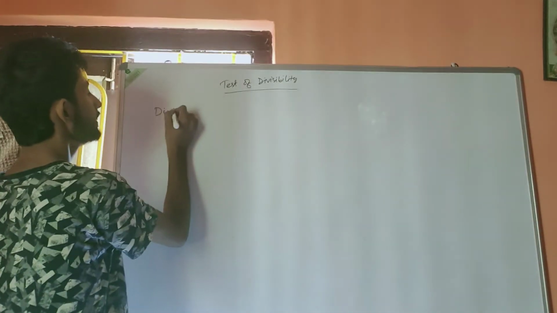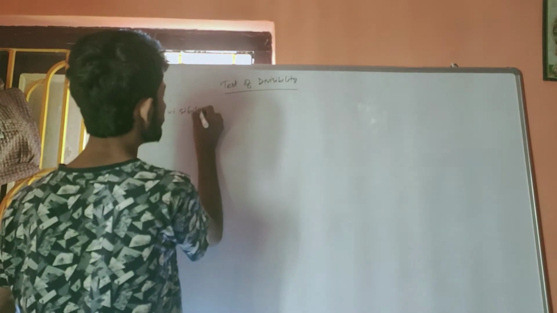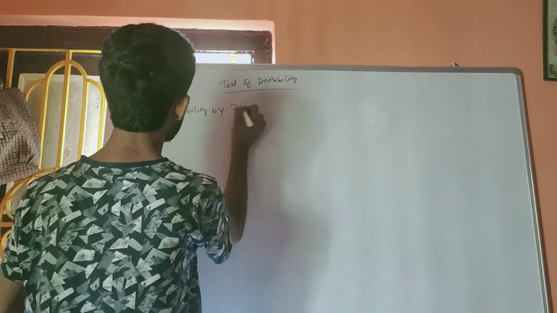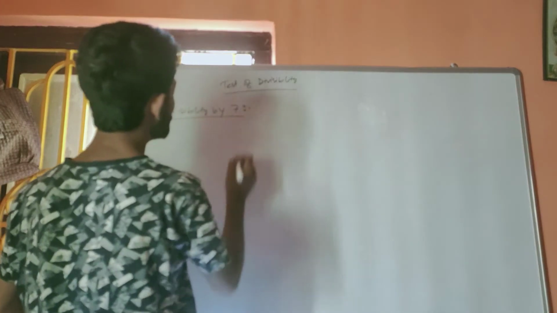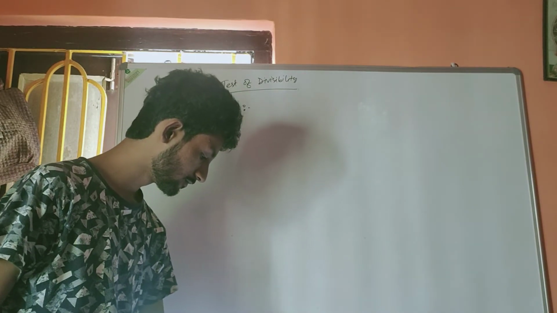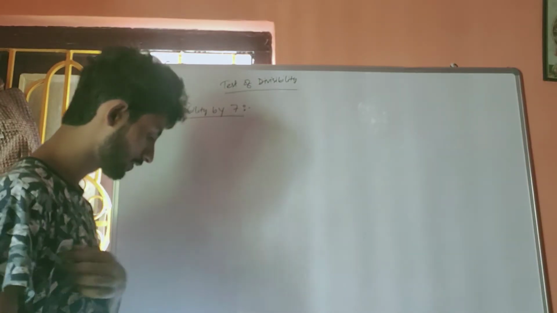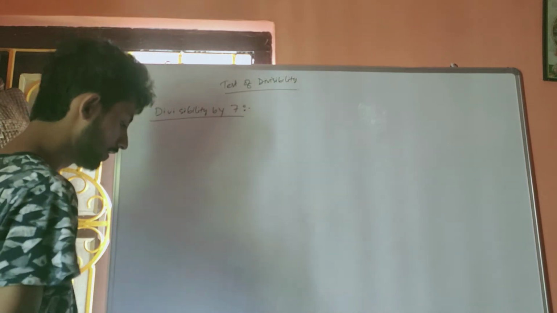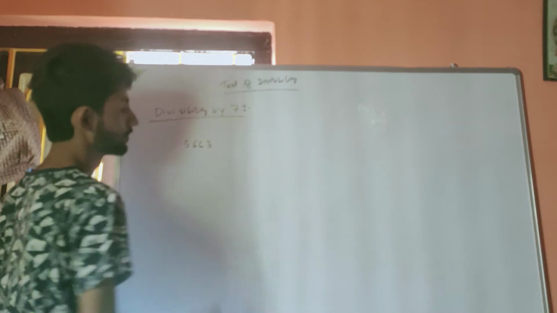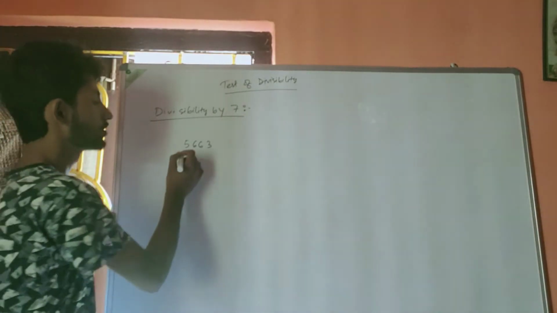Now divisibility by 7. How will we do divisibility by 7? Now suppose there is a number 5663. Okay, how will you solve?